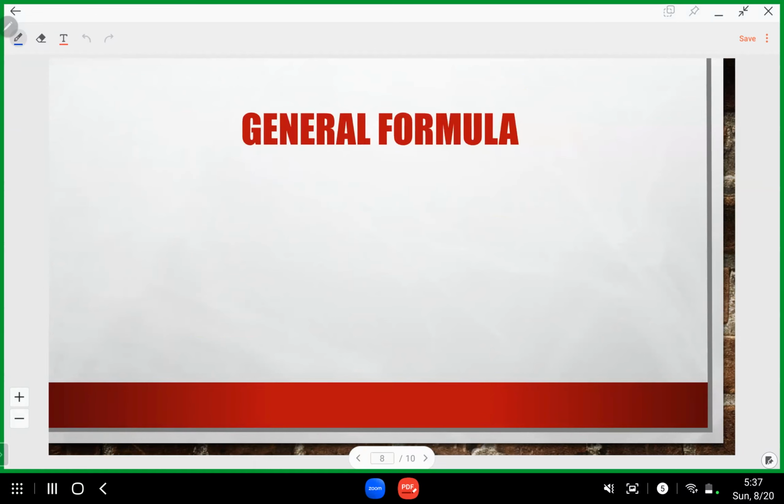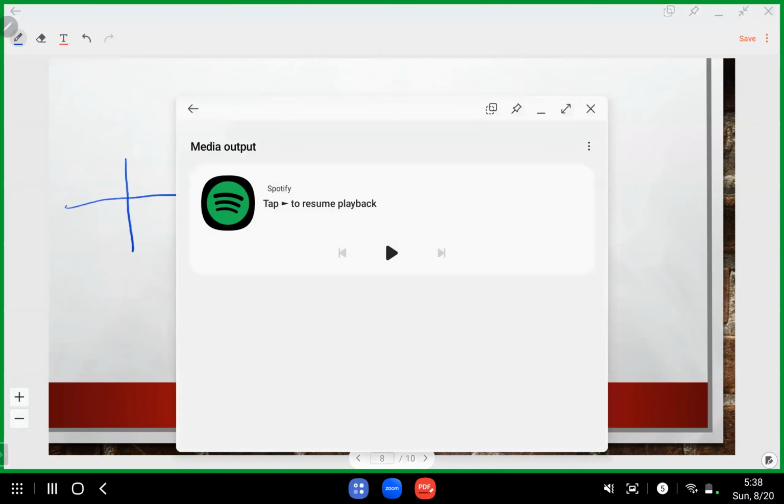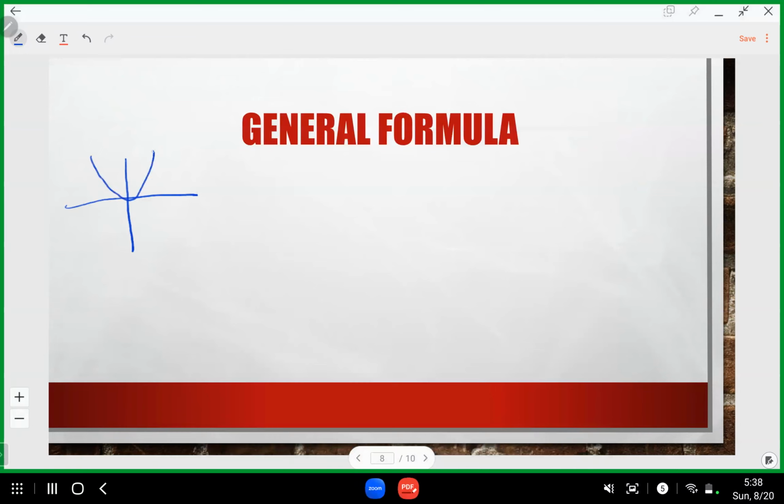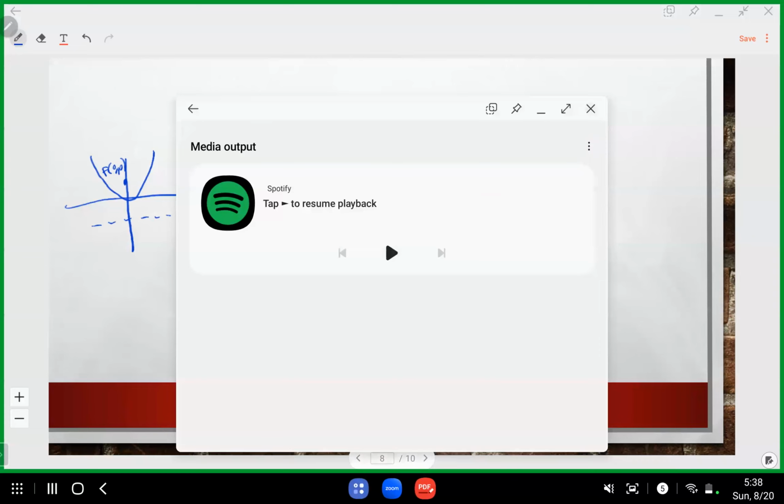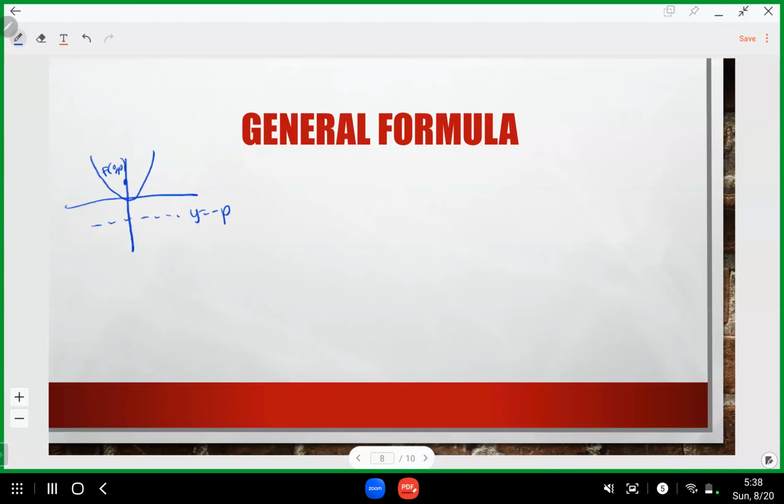So our first position here is going to be F at (0, p), and the directrix here is y equals negative p, right? So this is a normal parabola, what you would expect. And again, notice how they're equidistant from the vertex here. The distance is always p, right?